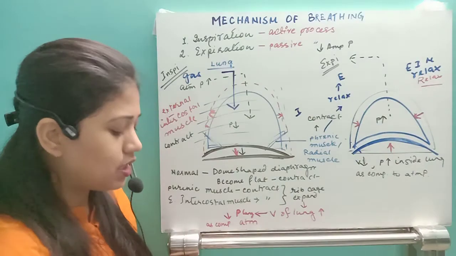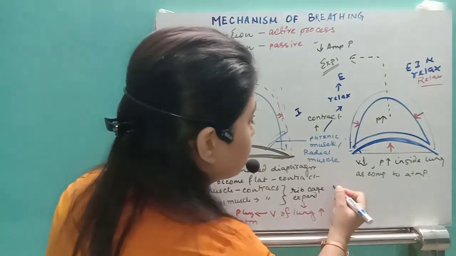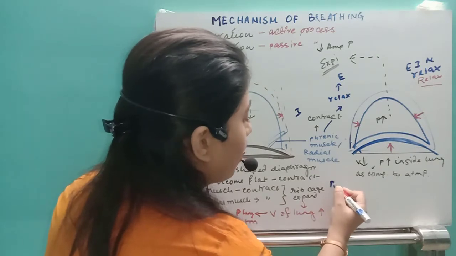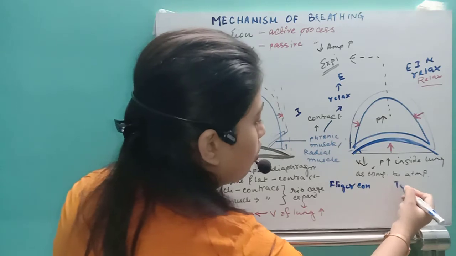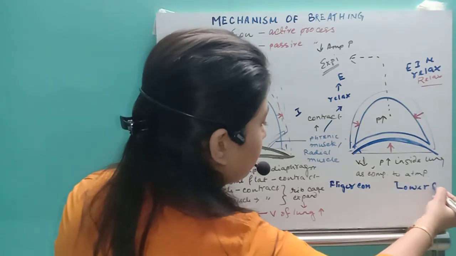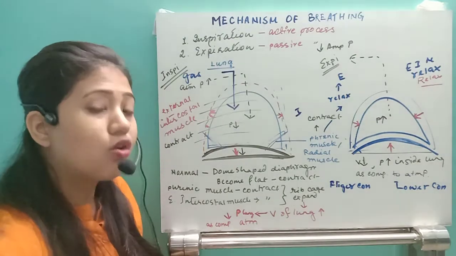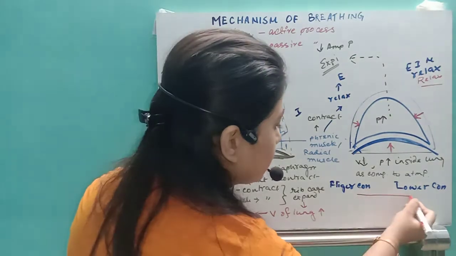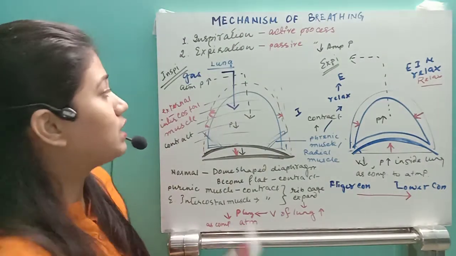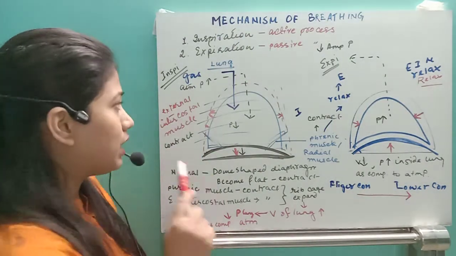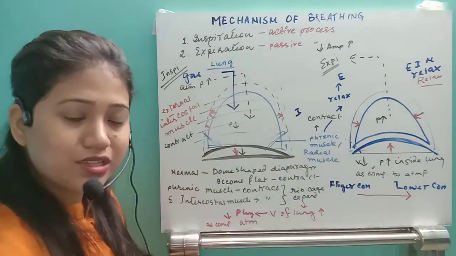One thing you just need to remember is that the movement of the gases will always occur from the region of higher concentration to the region of lower concentration. Earlier, in inspiration, what happened? In the atmosphere the pressure was high, and due to the increase in the volume, pressure decreased inside the lung.